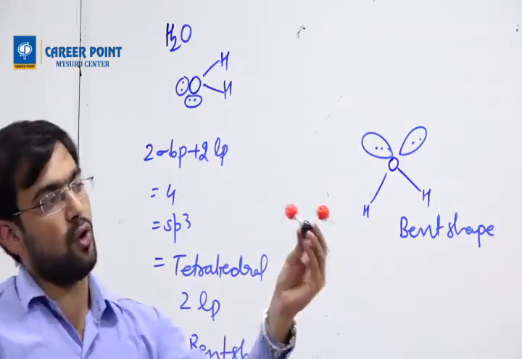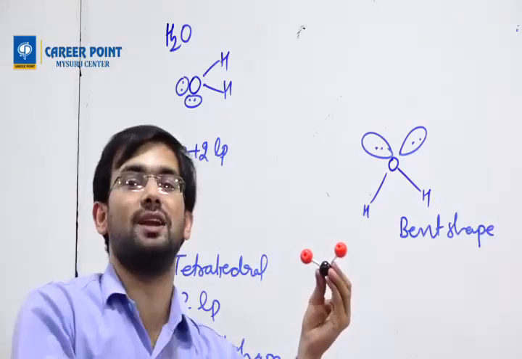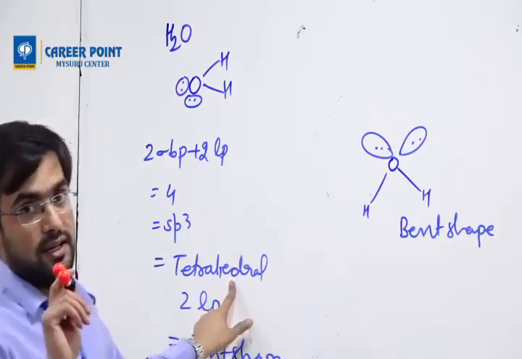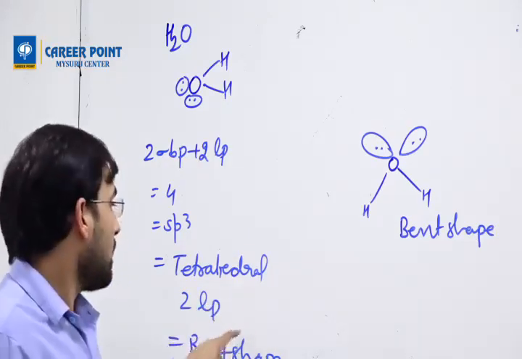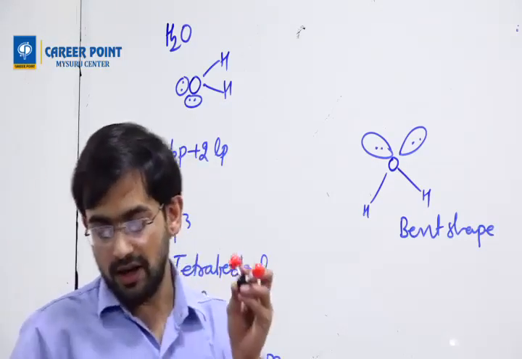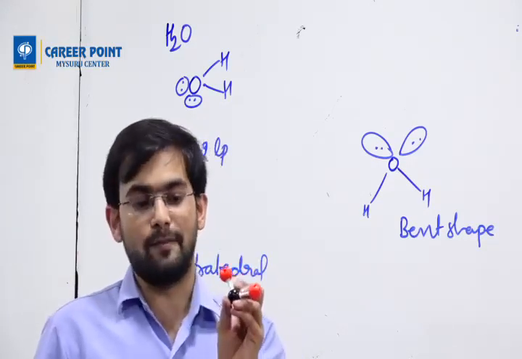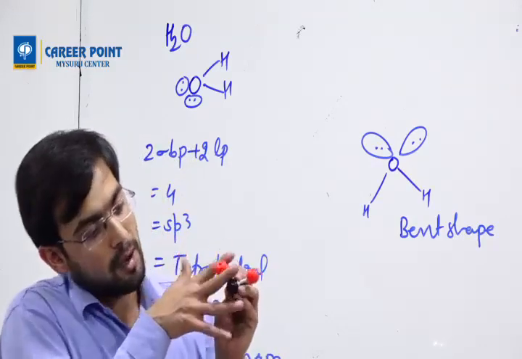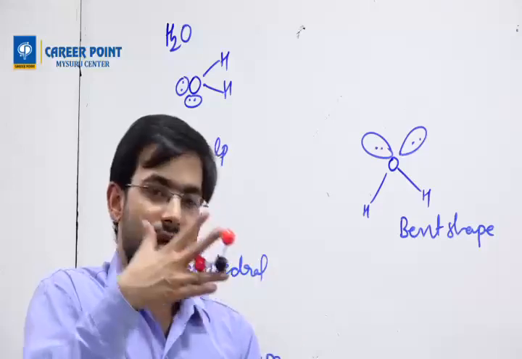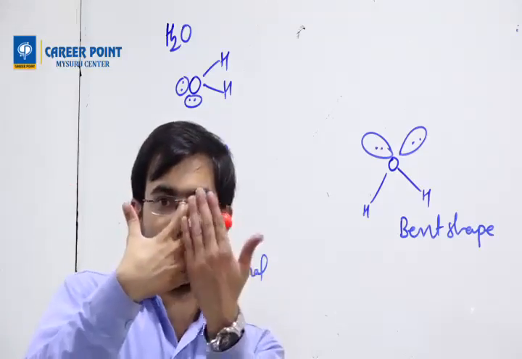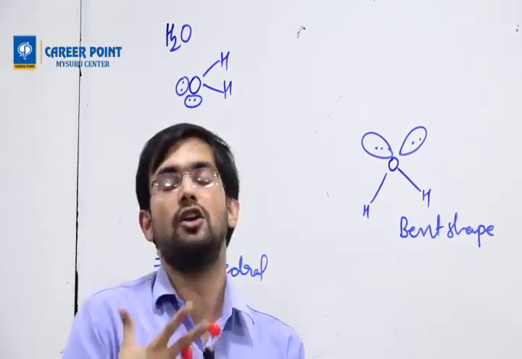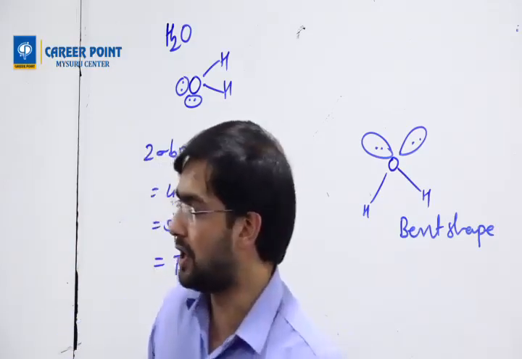That's why this whole water molecule is a planar molecule. Tetrahedral geometry is non-planar, but bent shape is always planar, because I can take this plane like this also. You see, this is all coming in one plane. So this molecule is a planar molecule.